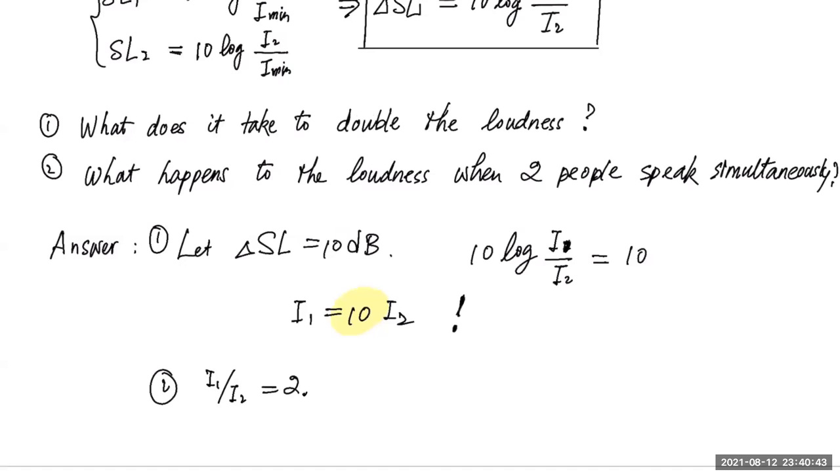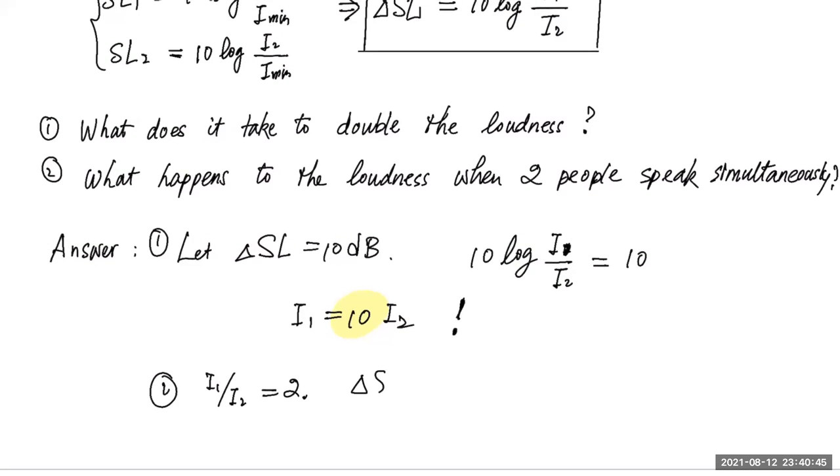And then what is the change in sound level? Delta SL is 10 times log of I1 over I2, and that is 10 times log of 2. Log of 2 is roughly 0.3, so therefore we're looking at about 3 dB.